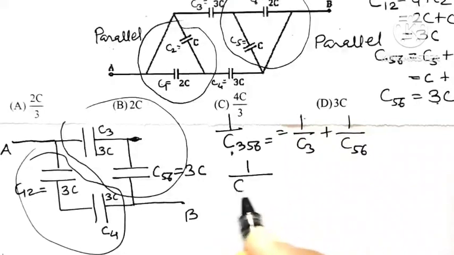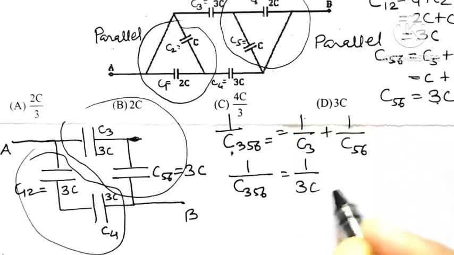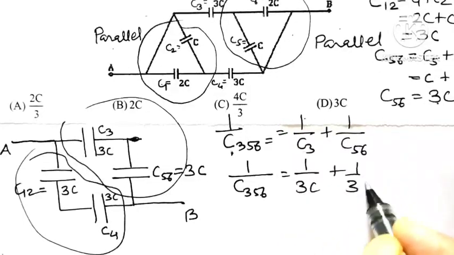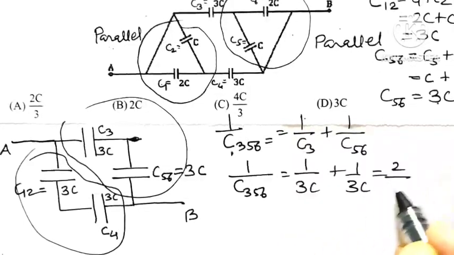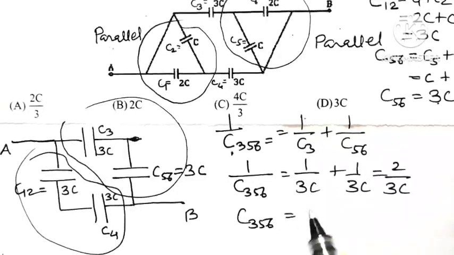So 1 upon C356 is equal to 1 upon 3C plus 1 upon 3C, that is equal to 2 upon 3C, or C356 is equal to 3C divided by 2.